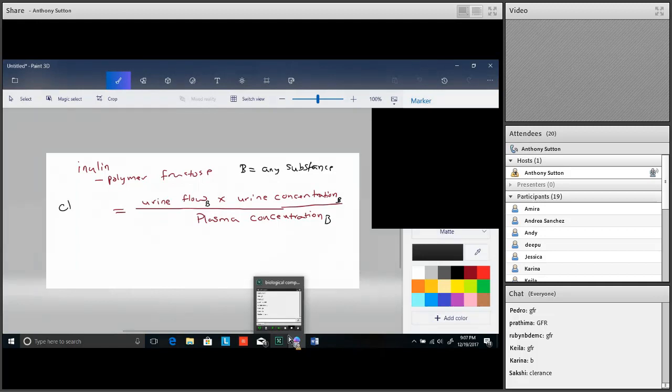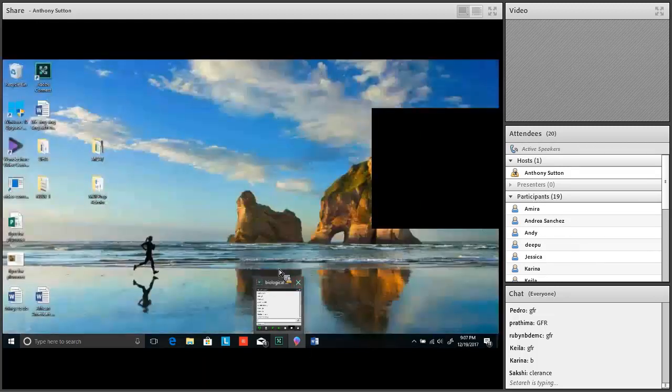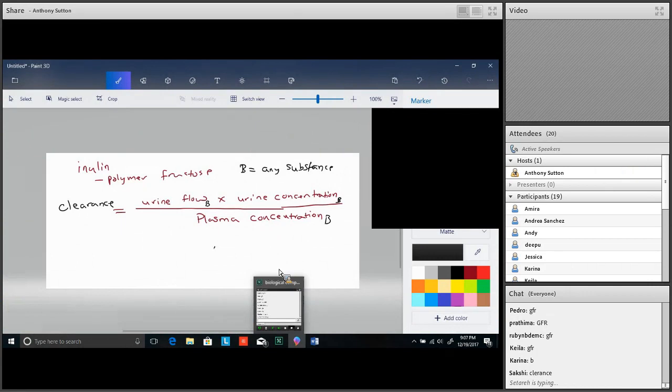Go ahead, Sakshi. Good job, Sakshi. That's right. It's the formula for clearance. Exactly. Perfect. Okay, everybody see that? Now, when Sakshi said that's the formula for clearance, that formula really does look like the formula for GFR, doesn't it?